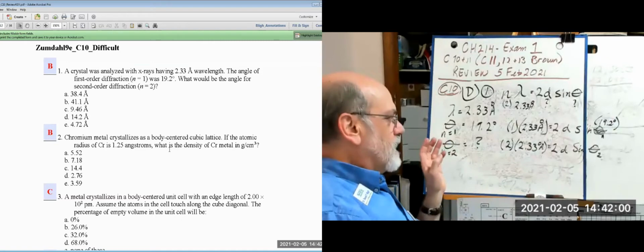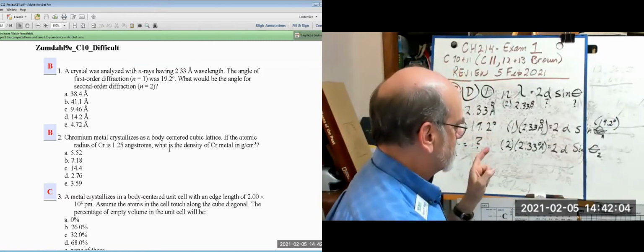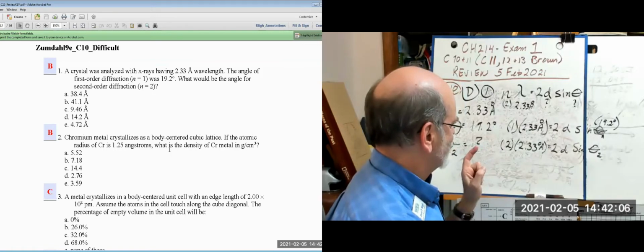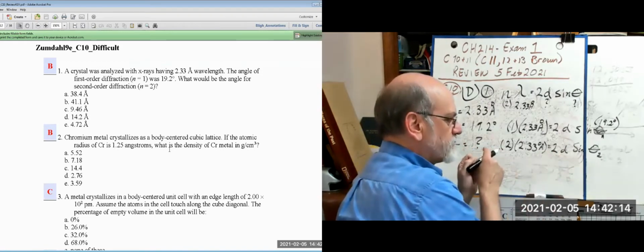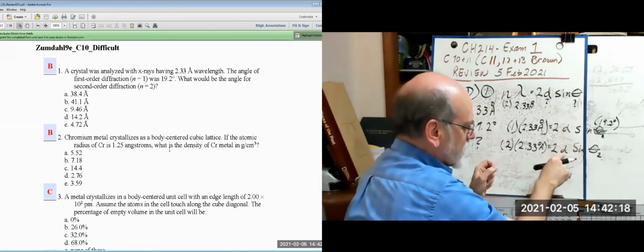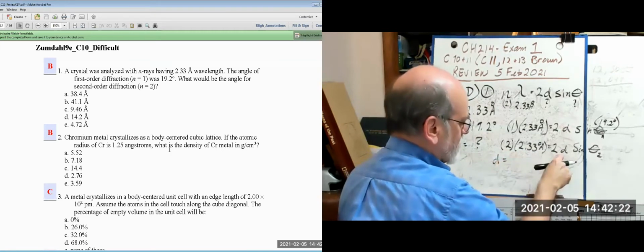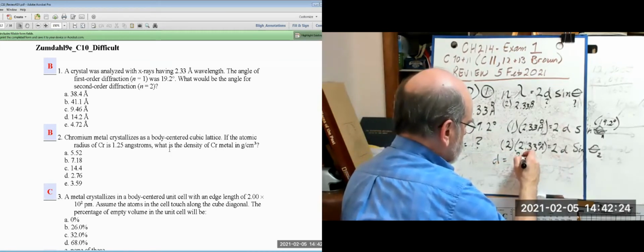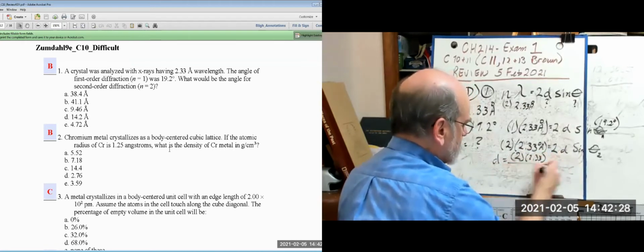Okay, so why don't we solve this one for d and substitute it in here for that one? So this one would be d equals 2.33 divided by 2.